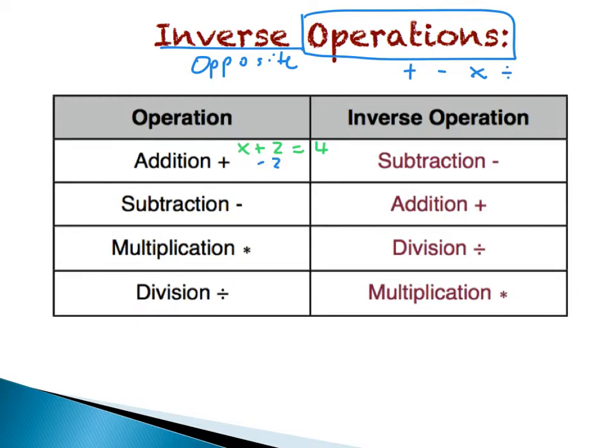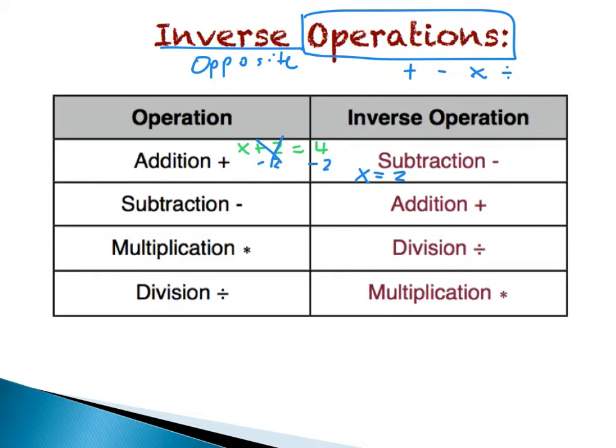What is that going to do on the left side? Well, plus 2 and minus 2 are going to cancel and leave x by itself. But then I'm going to subtract 2 from the other side as well, because the property of subtraction tells me if I subtract from one side, I must do it to the other side. What that's going to do is tell me that x must equal 4 minus 2, which is 2. And boom, I have solved an equation.